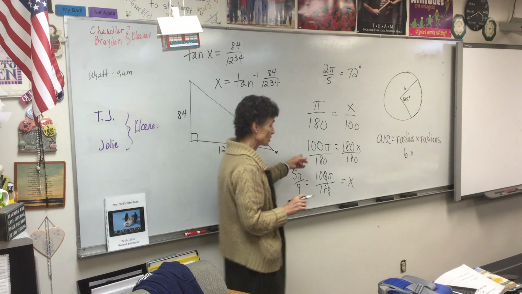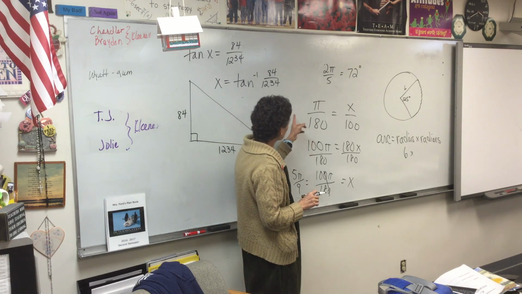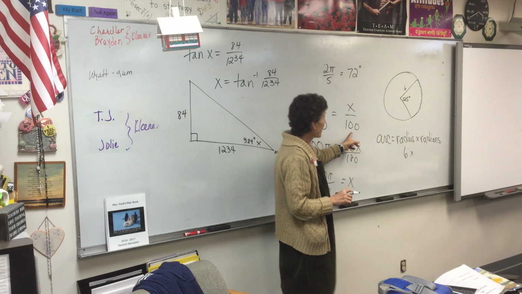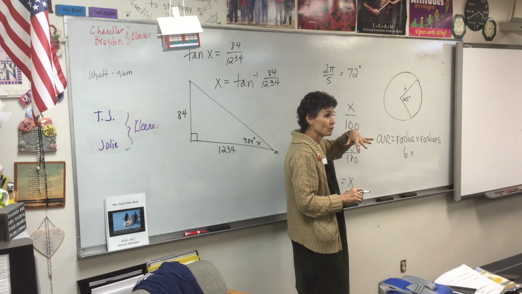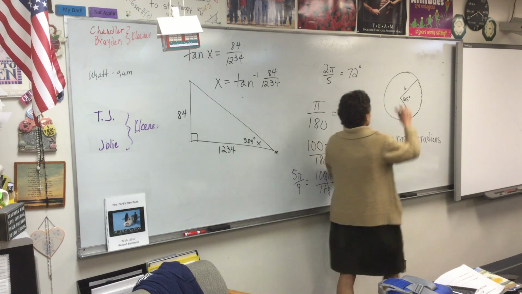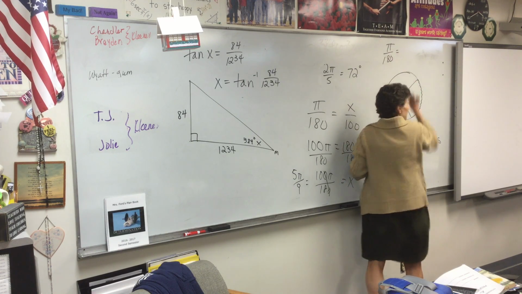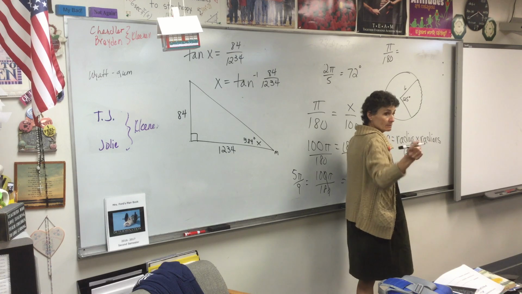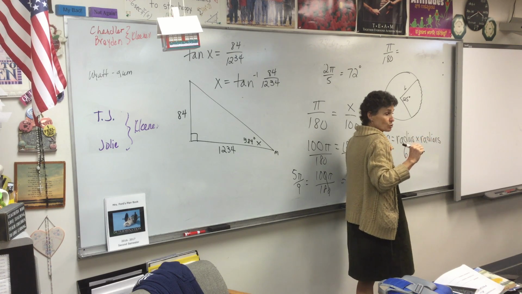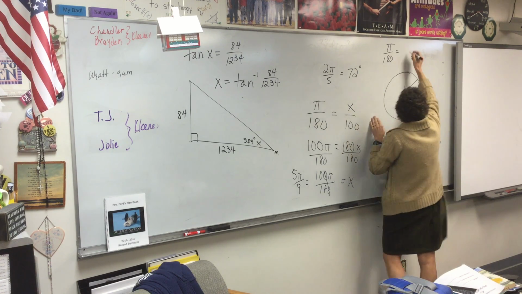Well, lucky me, I just practiced that. Over here, it was 100. Now it's 125, but you're going to do it the same way, which is set up your proportion. Pi over 180 equals what? X over 125.